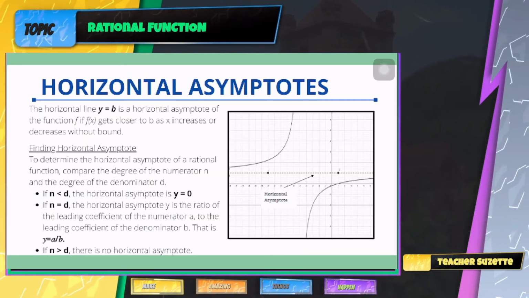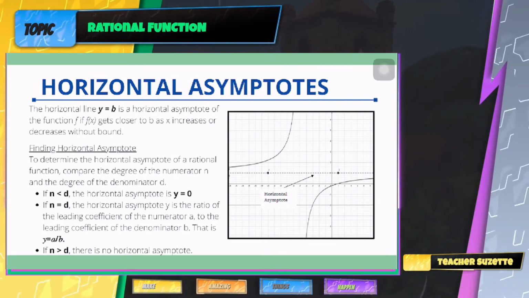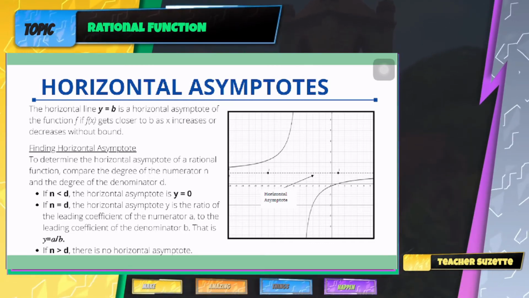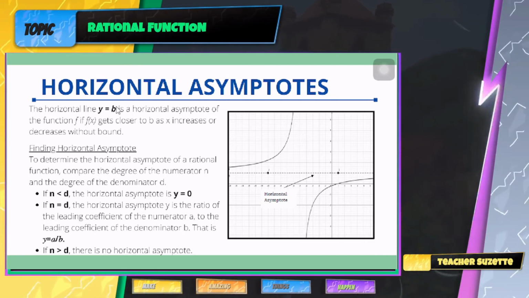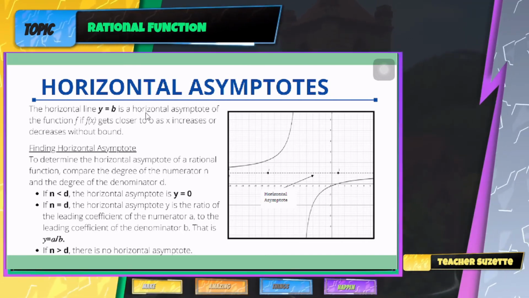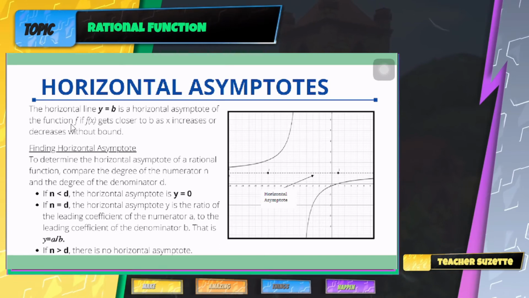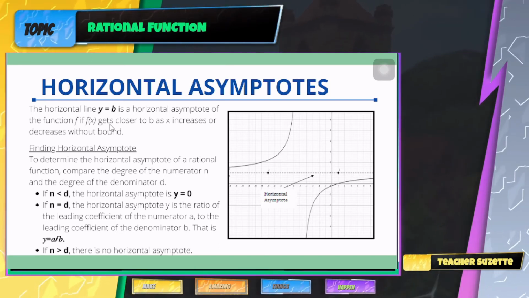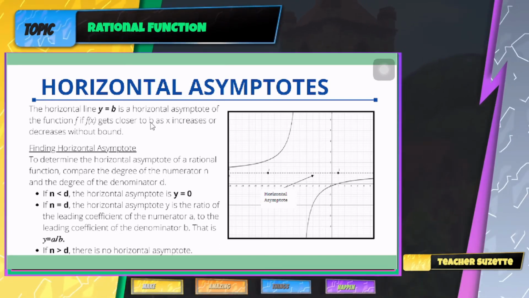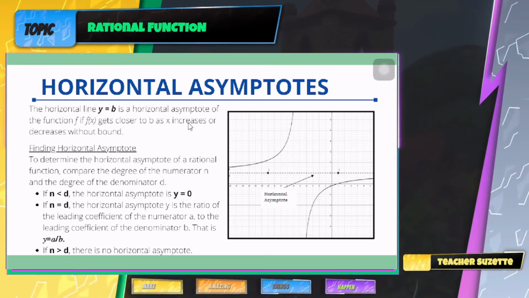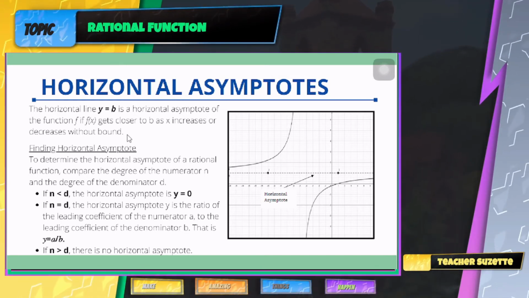Now, let's have our horizontal asymptote. So, horizontal asymptote is the horizontal line y is equal to b. A horizontal asymptote daw of a function f if f of x gets closer to b as x increases or decreases without bound.